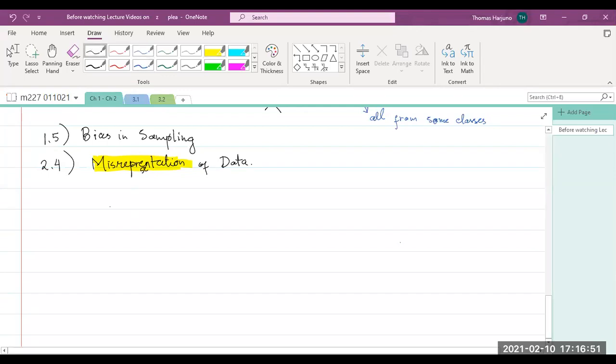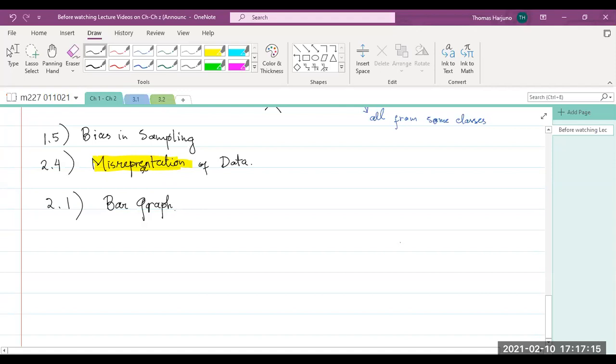Now, in 2.1, organizing data, qualitative data. So you will see the types of methods to organize the data, bar graph. So pay attention to how to read, at least how to read a bar graph.